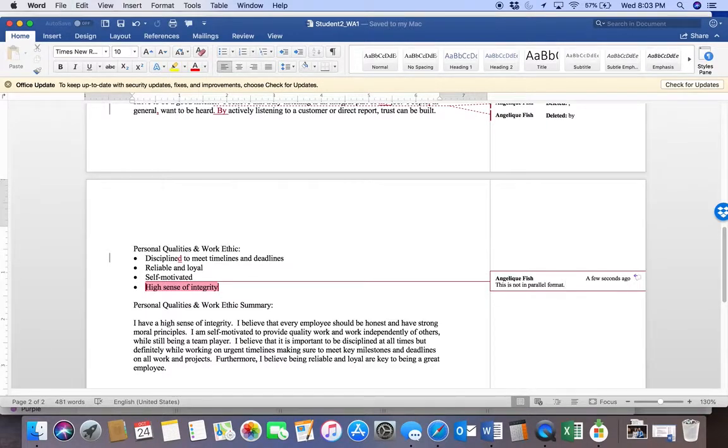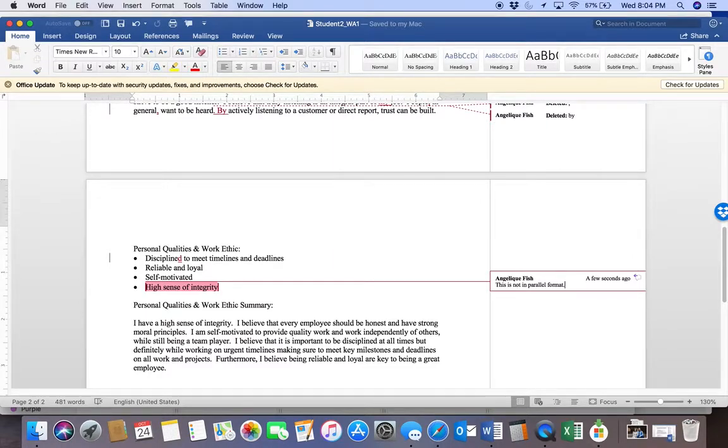So, okay, I have a high sense of integrity. I believe that every employee should be honest and have strong moral principles. I am self-motivated to provide quality work and work independently of others while still being a team player. I believe that it is important to be disciplined at all times, but definitely while working on urgent timelines, making sure to meet key milestones and deadlines on all work and projects. That's kind of wordy. Furthermore, I believe being reliable and loyal, I keep saying that, it should be a word, right?